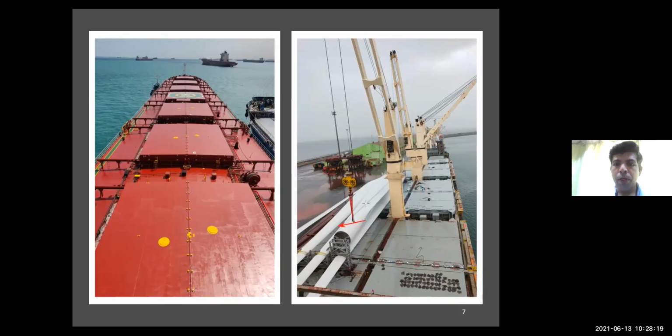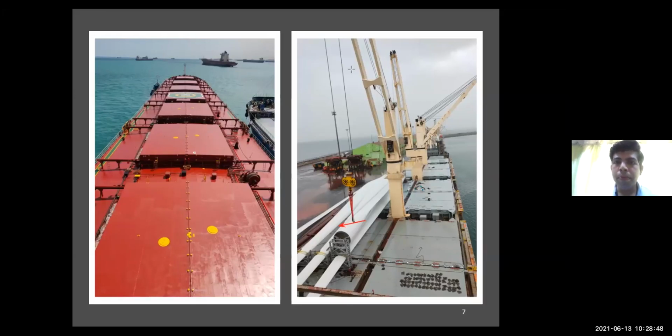This is almost 70 to 80 meters in length, and these are windmill blades going from Tuticorin, India to New Orleans, US. So again, it's a revolutionary thing. From India, we are manufacturing this product and sending it to the US, gentlemen. That's a good thing to know.